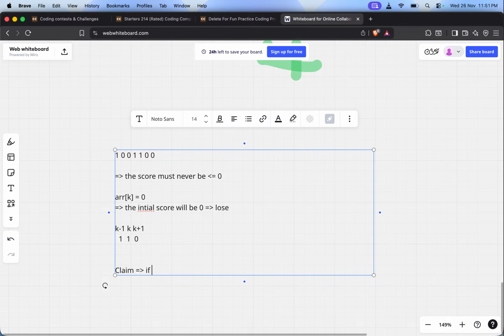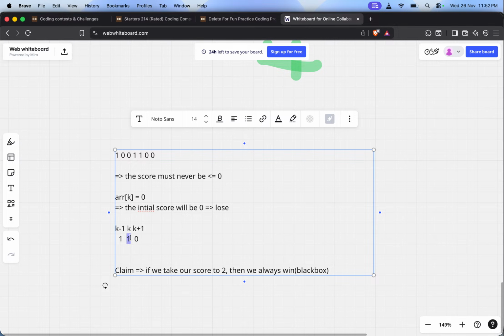If we take our score to 2, then we always win. Just memorize this or use it as a black box for now. We will prove this later for sure. But just aim to take our score to 2.